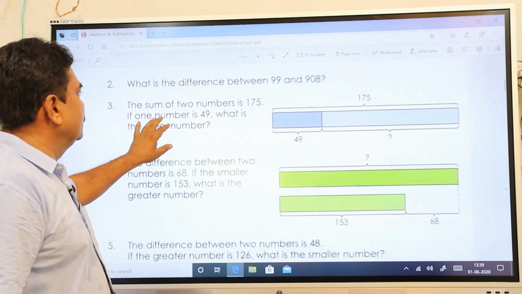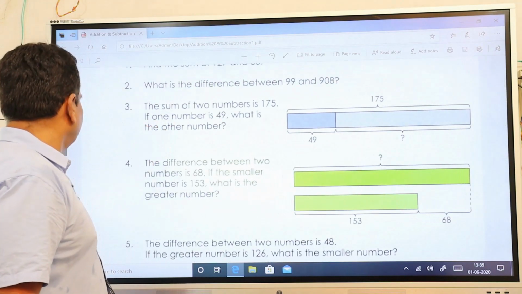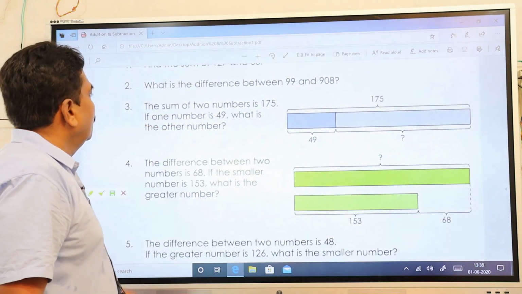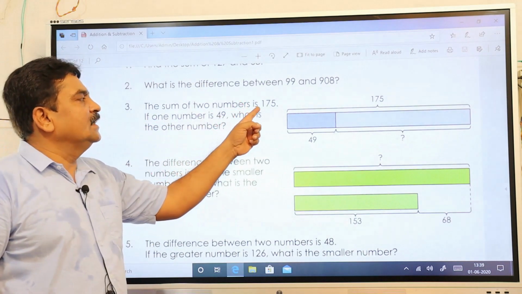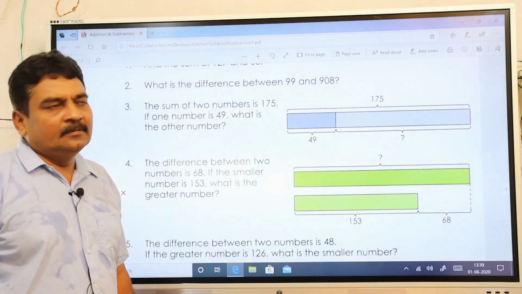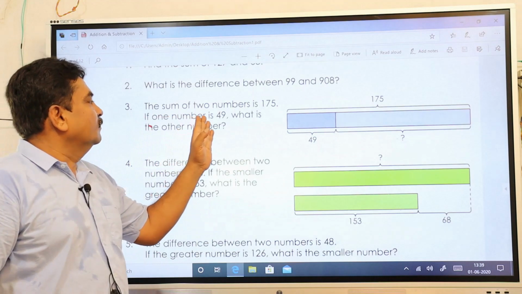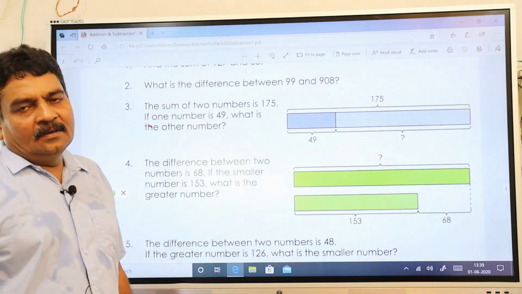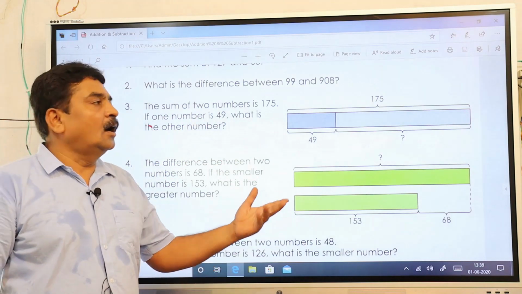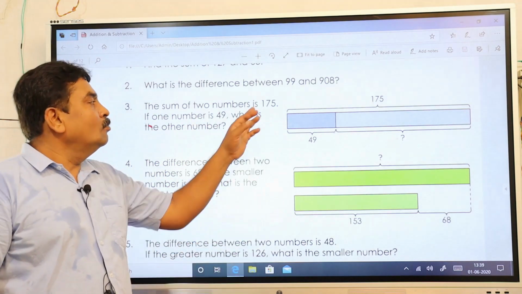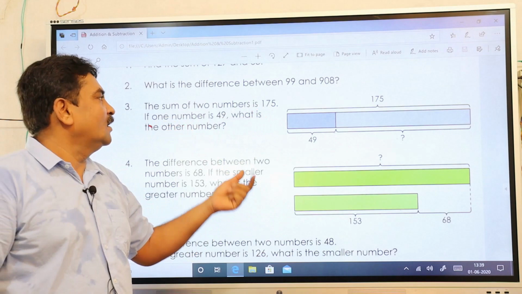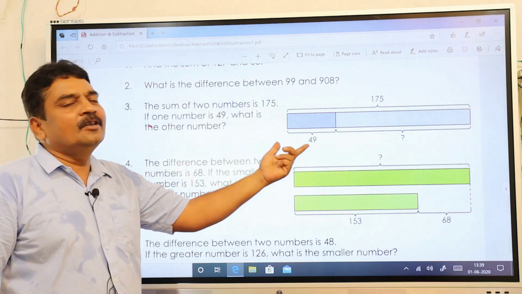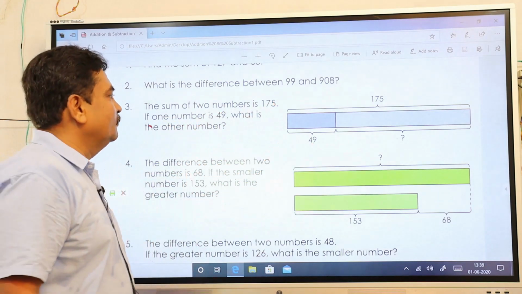Next one is this. The sum of two numbers is 175. If one number is 49, what is the other number? I told you, you simply subtract the smaller value from the bigger value, and you will get the other number.